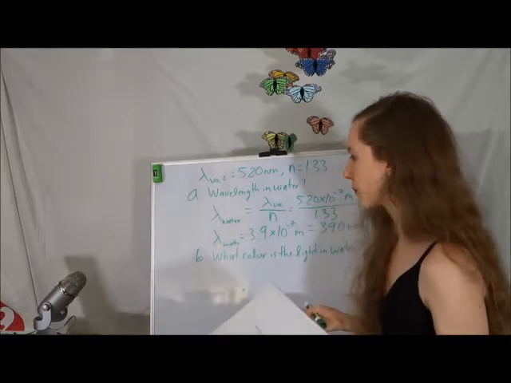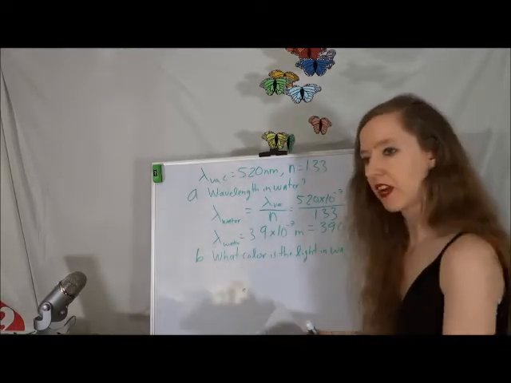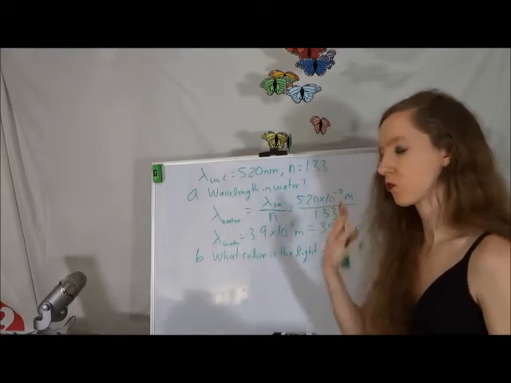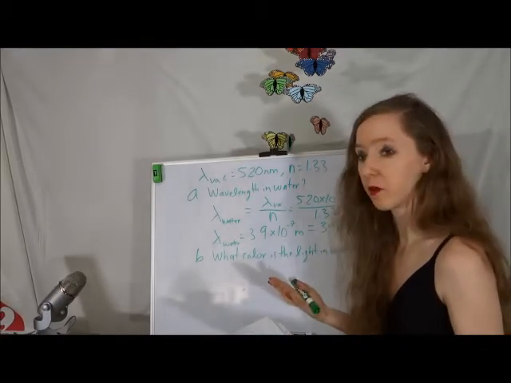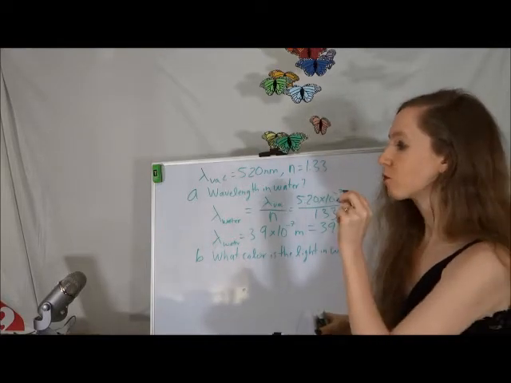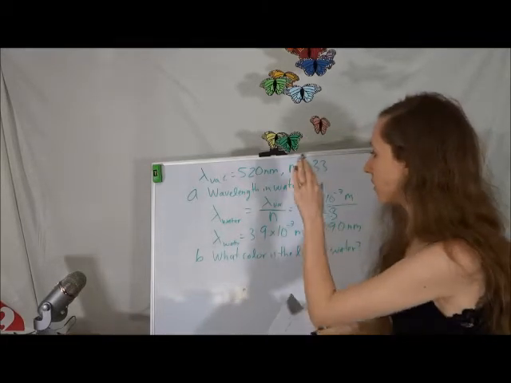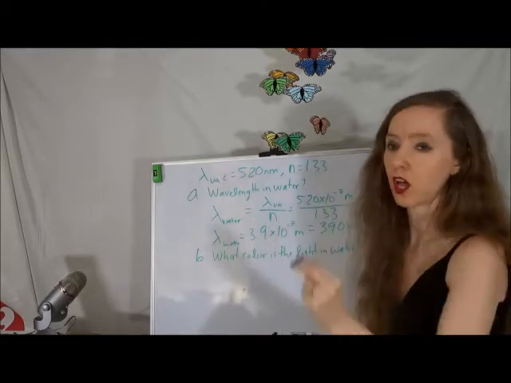So what's going on? Well, when they say that green light has a wavelength of 520 nanometers, or red light has a wavelength of so many nanometers, they're talking about the wavelength in air. Frequency is the defining characteristic here. So the frequency didn't change, and so the color won't change.